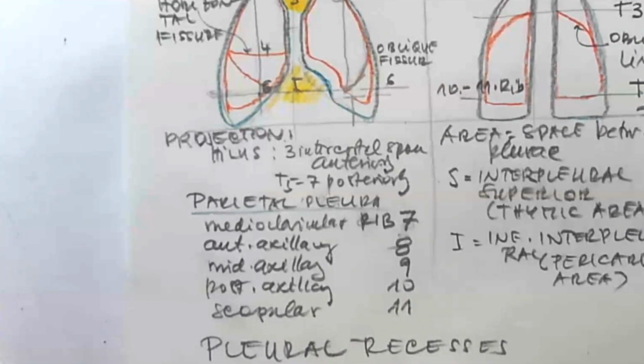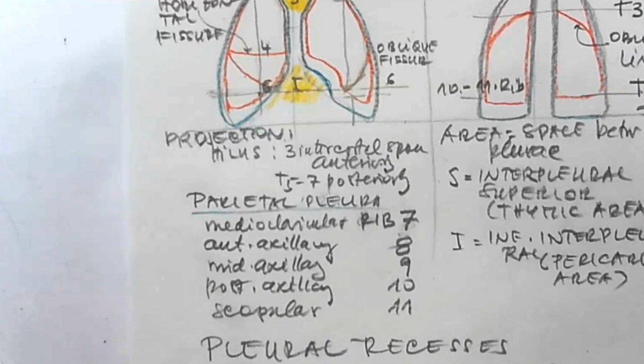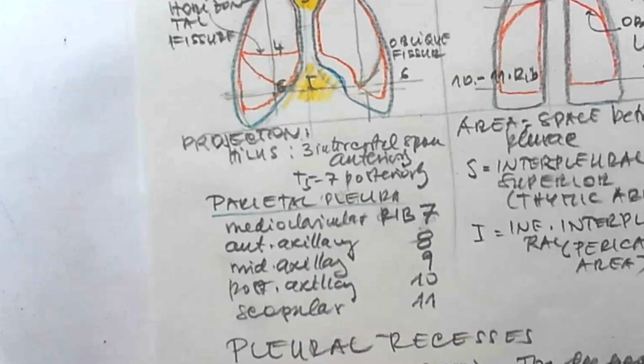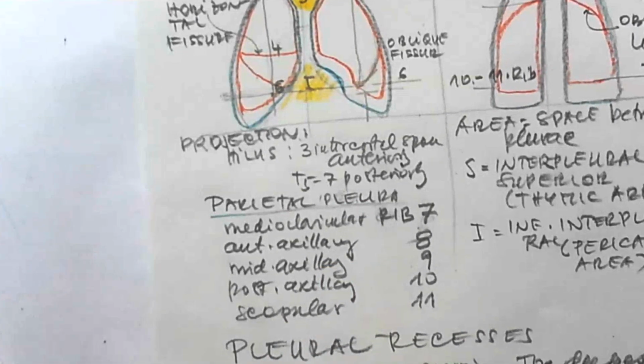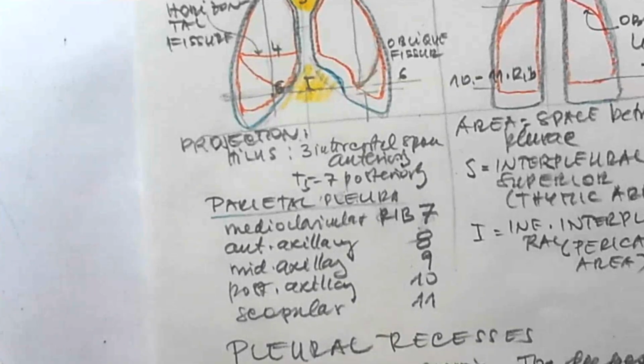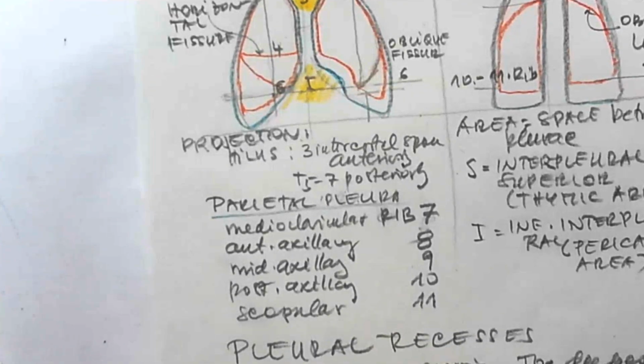We already mentioned it, I will not mention anything else. Costodiaphragmatic, the deepest one. Number two is the costomediastinal. This is shallower.